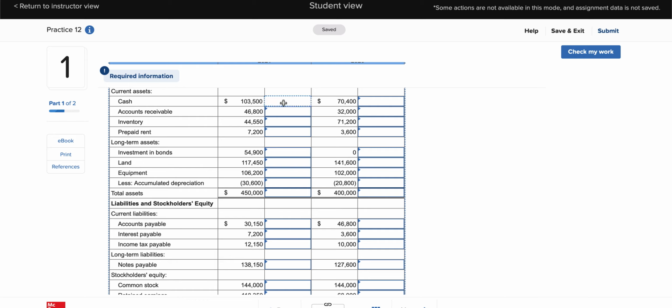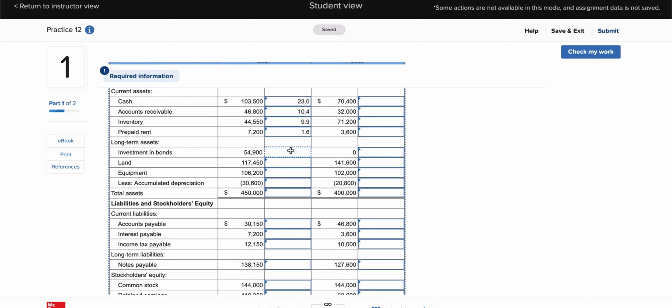So where cash is concerned, 103,500 divided by 450,000 gives us 23%. So we're saying that cash is 23% of our total assets. Accounts receivable, 46,800 divided by 450,000, and we have 10.4% of our total assets. Inventory, we do the same calculation. We should come up with 9.9. Prepaid rent, we should show 1.6.